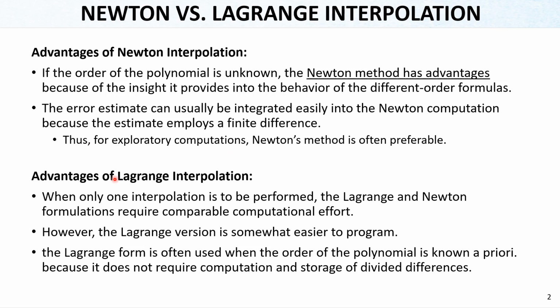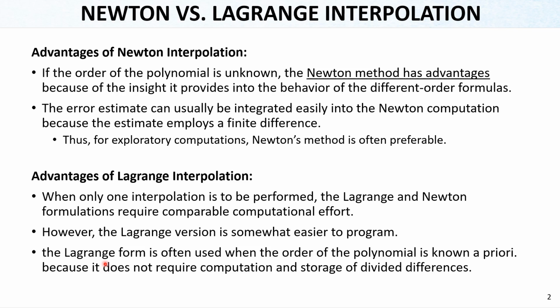But the Lagrange polynomial has some advantages as well. When only one interpolation is to be performed, the Lagrange and Newton formulations require comparable computational effort because they give the same result and they have the same order. The computational effort is comparable. However, the Lagrange version is somewhat easier to program because it has just simply a summation of the Lagrange terms by the function values of the data.